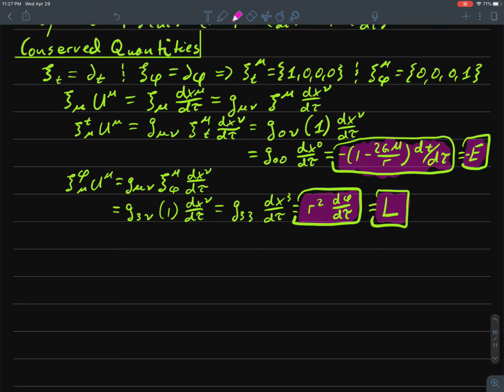So this gives us our conserved quantities, and let me write E down next to it. And so we'll have 1 minus 2 GM over r, and that's E. Just so we have them together.